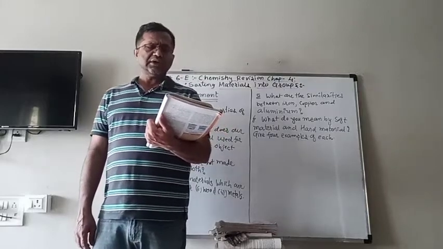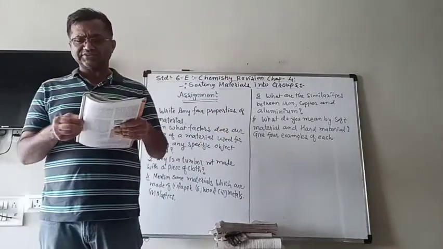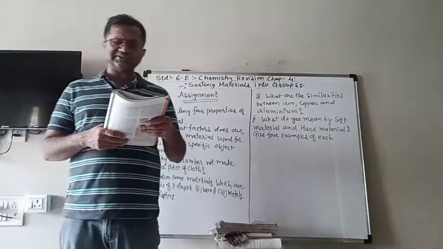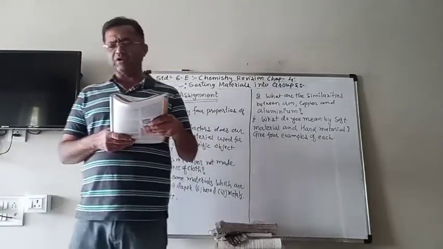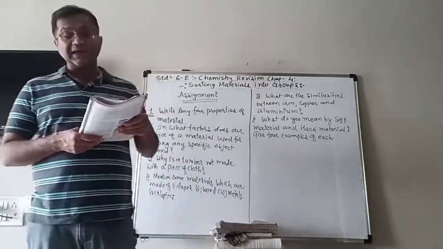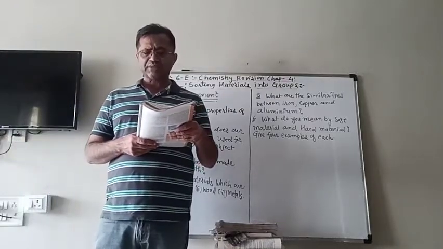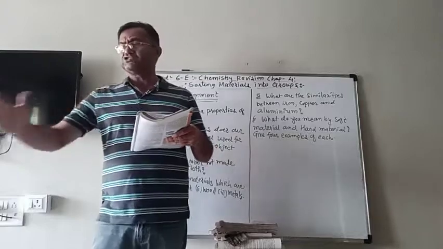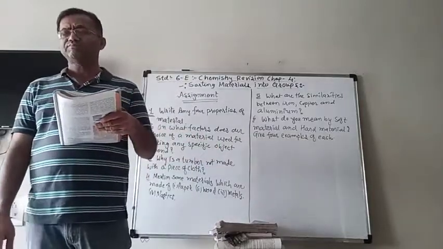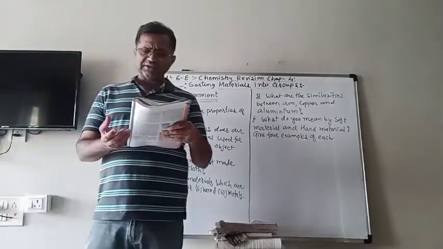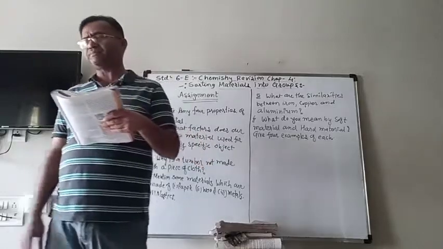Now, if you collect some objects of different materials like paper, cardboard, wood, copper wire, aluminium sheet, chalk, etc., you can sort them according to their similarity and dissimilarity.